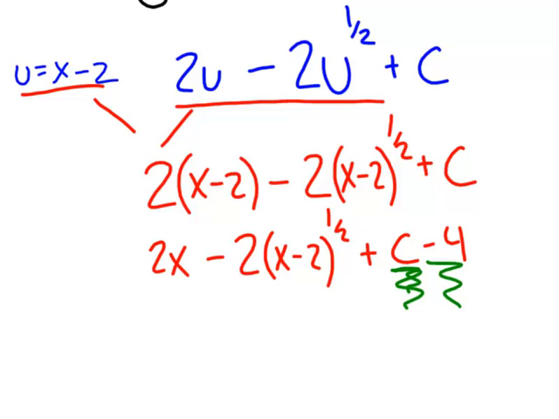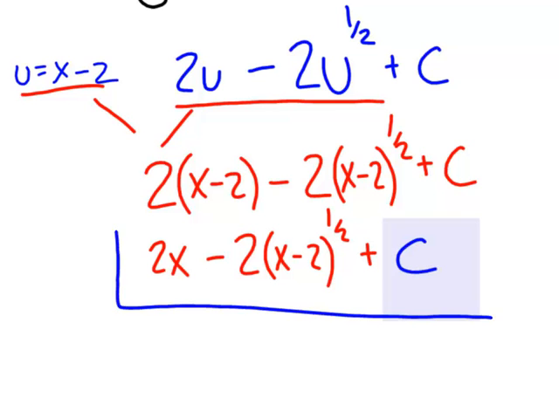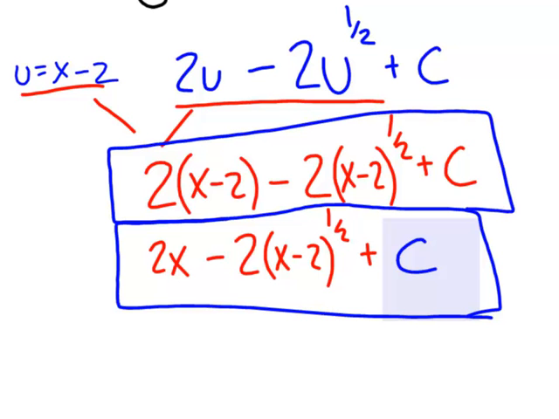So one can make an argument that the c and the minus 4 could be swallowed up into just a single c, and we could put a box around that. And that would also be a perfectly acceptable answer. So whether you put a box around this one up here or the bottom one, they're both perfectly fine.